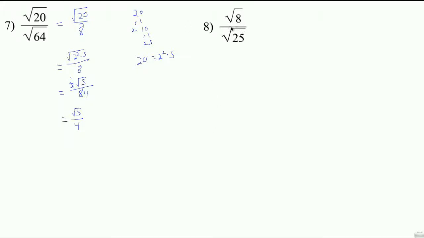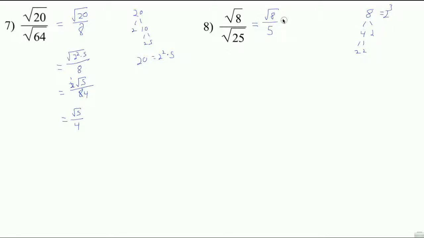Next one, once again, look for perfect squares. We know the square root of 25 is 5, so we have the square root of 8 over the square root of 25, which is 5. 8, that can simplify. That's 4 times 2, which is 8, which ends up being 2 cubed.